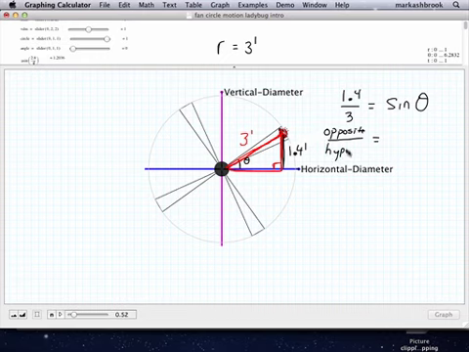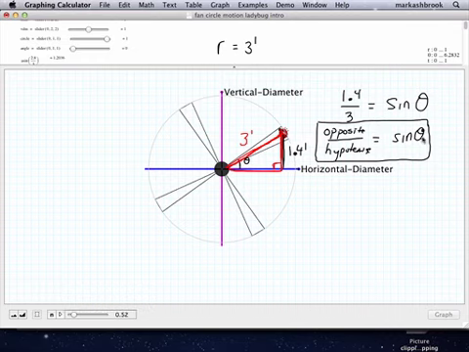Hypotenuse. Many of you have learned this relationship before. But the point is, this preserves the idea that sine is the number of radius lengths above the horizontal diameter, because the opposite side is how many feet it is. To get radius lengths, we divide by the radius, which is the hypotenuse of the triangle.